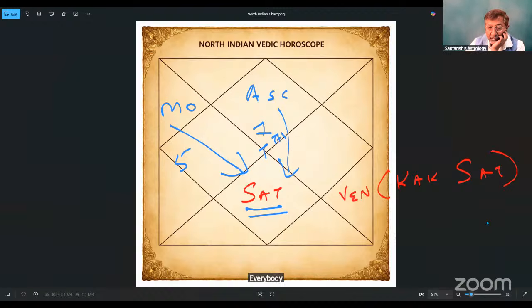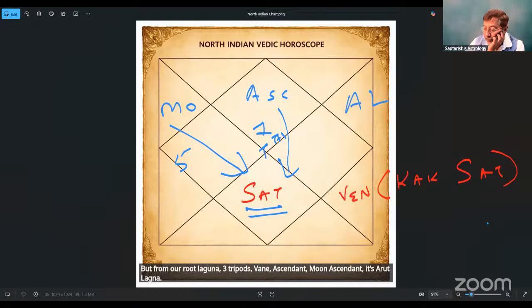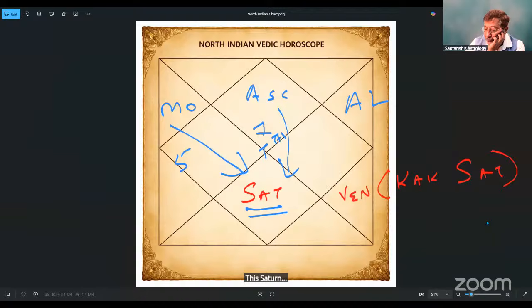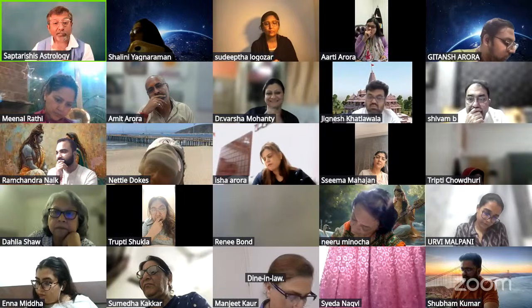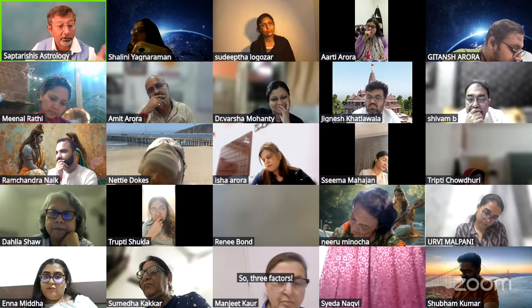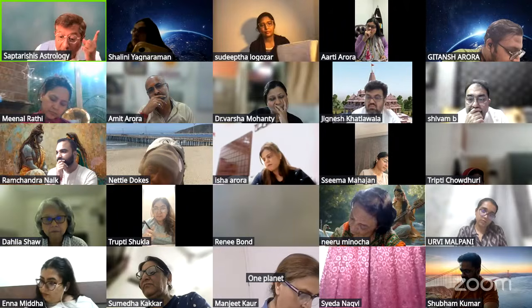Everybody? But from Arudha Lagna, three tripods: main ascendant, moon ascendant, Arudha Lagna. This Saturn is in the ninth house of sister-in-law. So three factors. One planet is giving you three predictions.